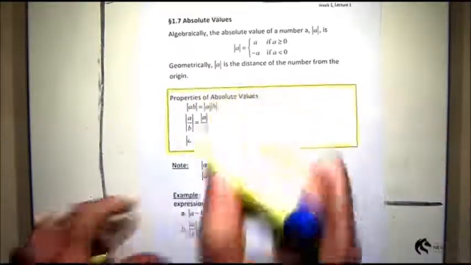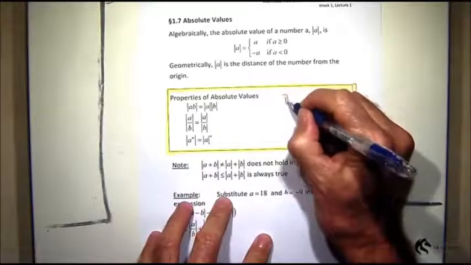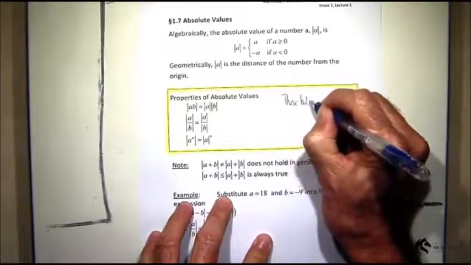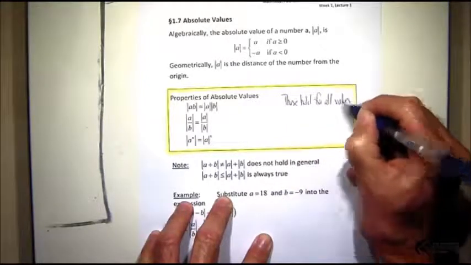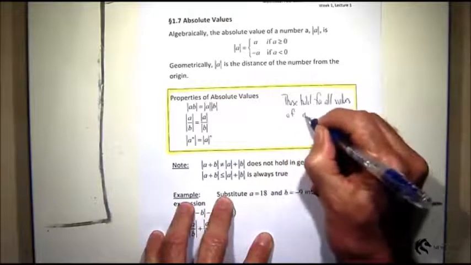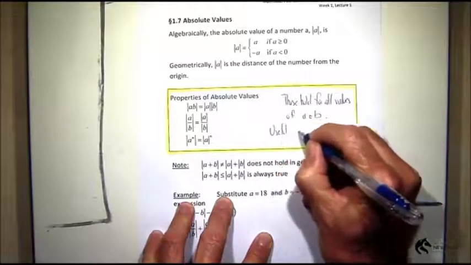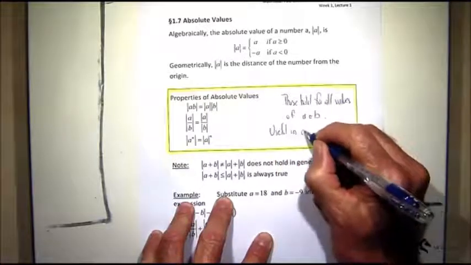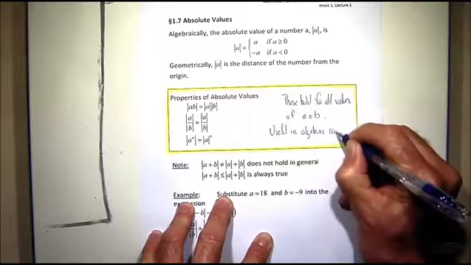These relationships hold for all values of A and B, and they're useful in algebraic rearrangements, if you like.